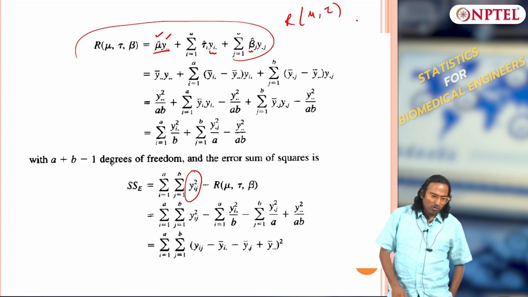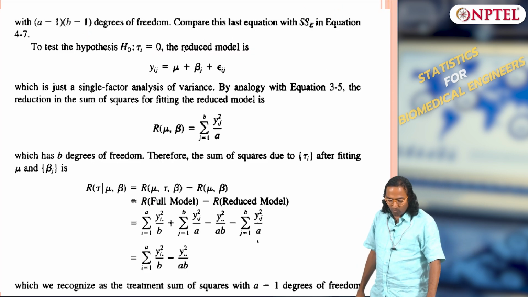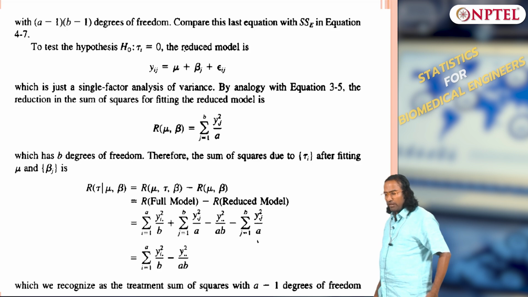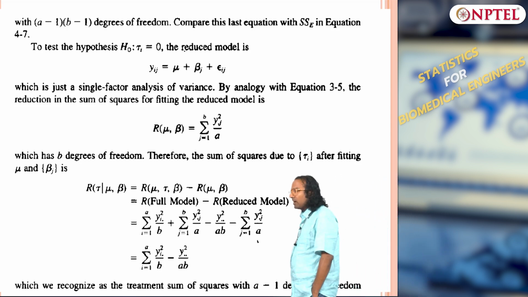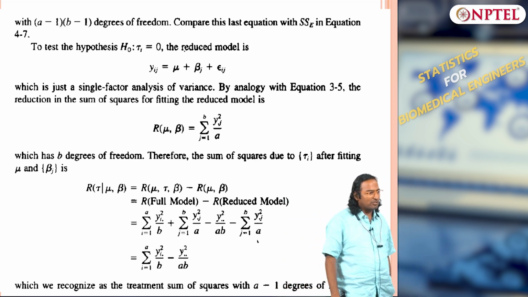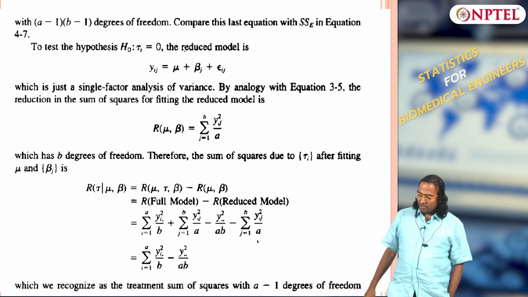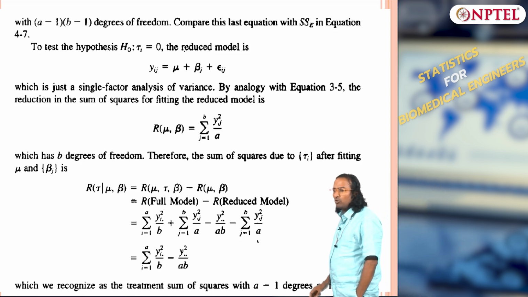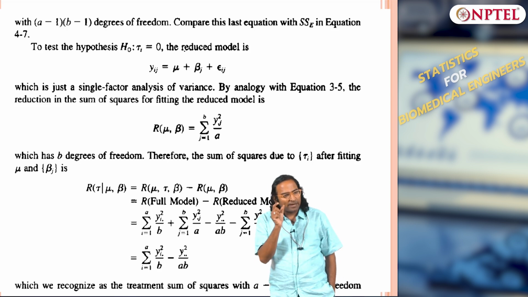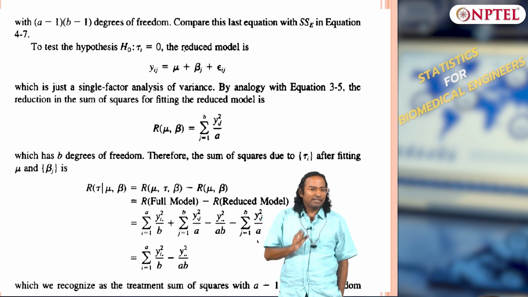Okay. Now we need to know individually whether treatment is significant or not. That is our hypothesis. How do I get it? I need to know the variability explained just due to the treatment alone.